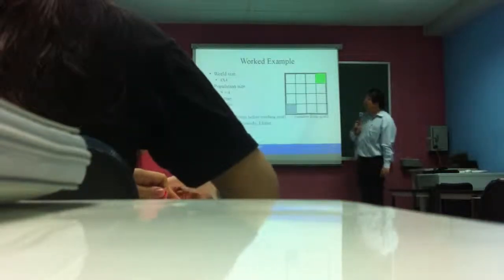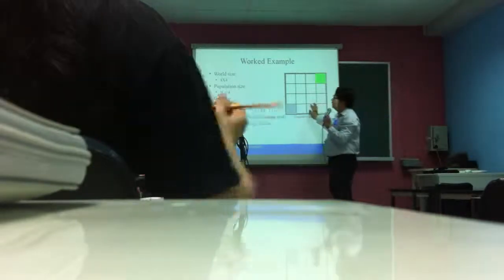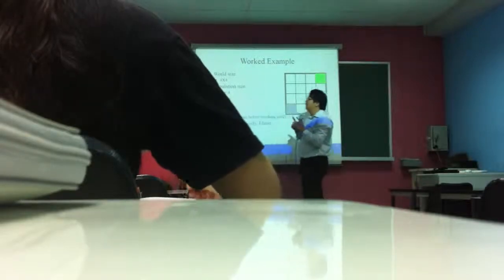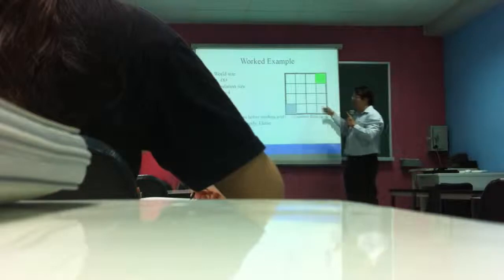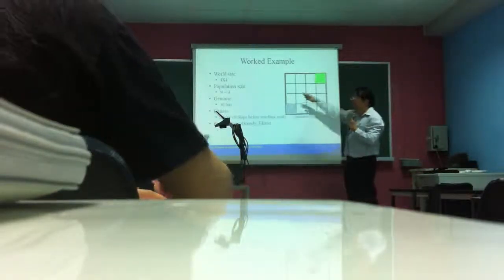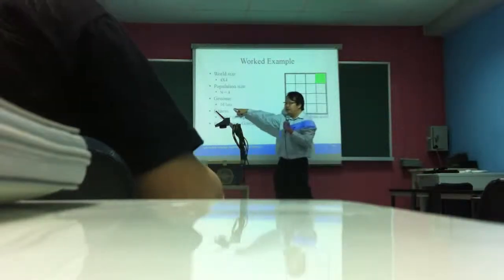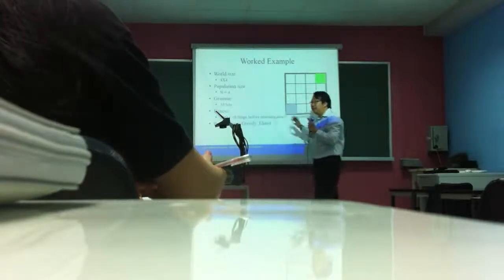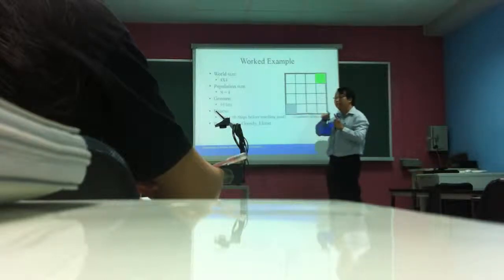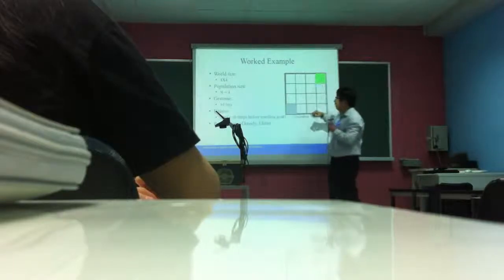Okay, from this one, the border we set is 1 by 4. The population size means that the number of chromosomes that we store in the system is only 4. The genome is 16, so for this setting we fix the range of moving. 16 means move 8 times, right? 1, 2, 3, 4, 5, 6.